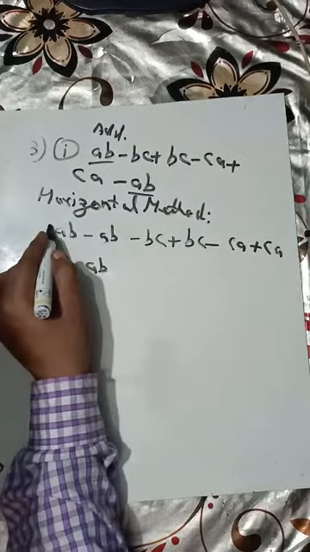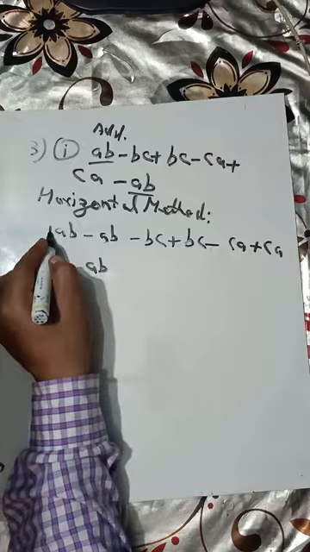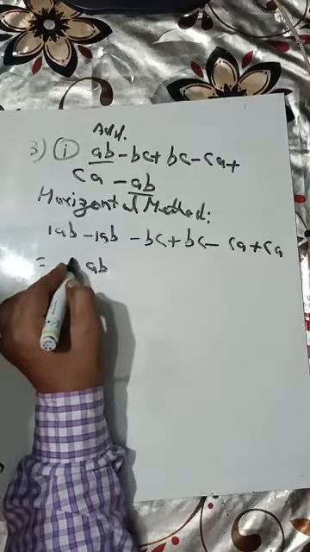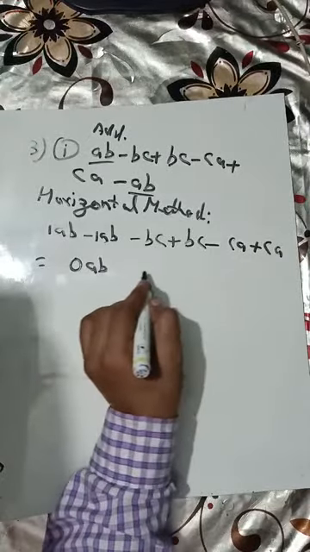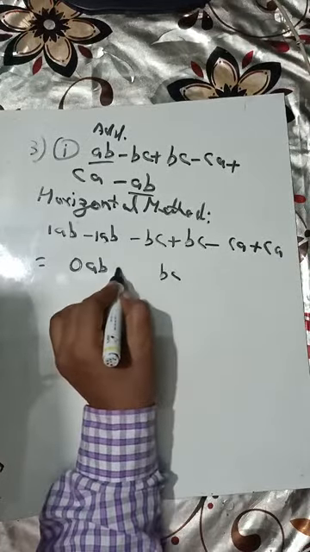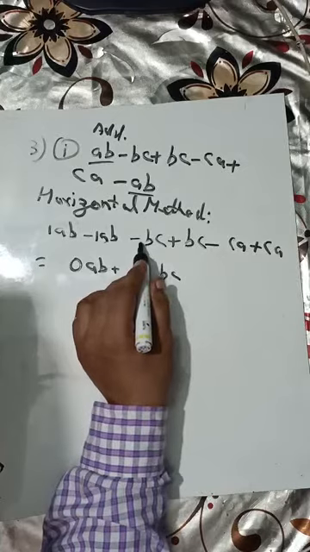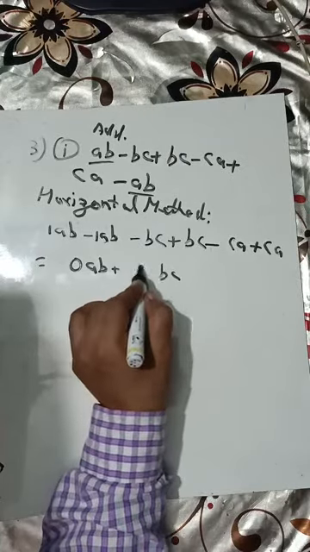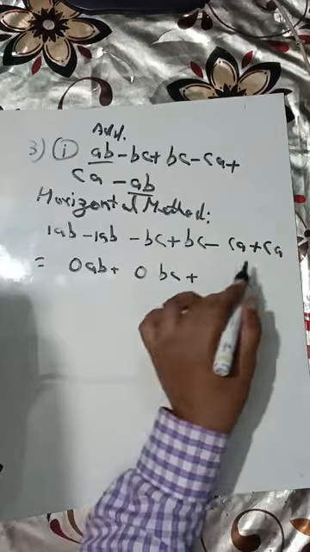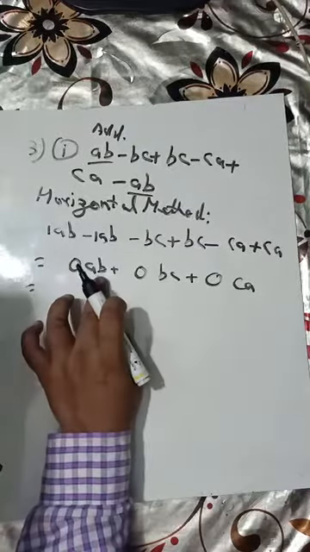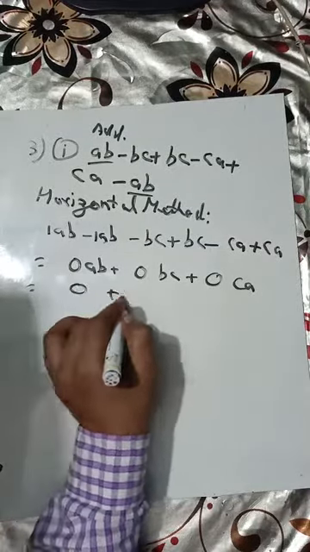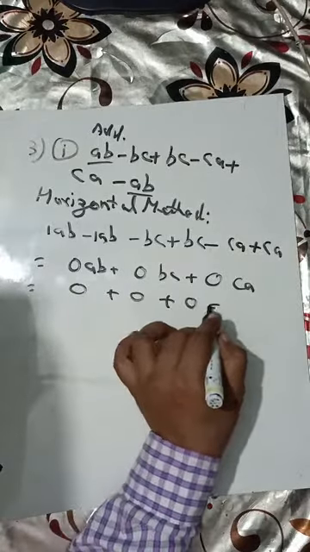But here no number is written, it will be taken 1. Here it is 1. So 1 minus 1 will be what? 0. Now look at this. The result will be BC. Now this is minus 1 and plus 1. Again this will be 0. Similarly here also you will get 0. So 0 multiplied with any number is 0, 0 and 0. So it will be 0.